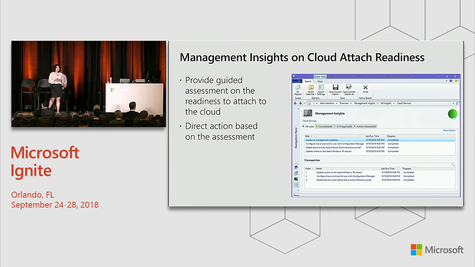There are rules built based on best practices, or based on prerequisites that the feature needs. In this case, for co-management, ConfigMgr has a set of rules to tell you how ready you are. I'll have a demo to get into more details for that. The gist of Management Insights is that it gives you a guided experience to understand what needs to be done and what actions need to be taken.